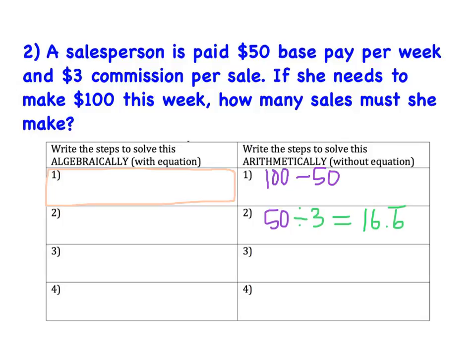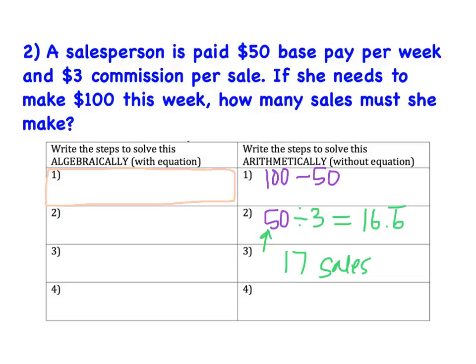No, we need to round, and we want to round to the nearest whole number. In this case, that's going to be 17. Now let's do a quick check. Type into your calculator 17 times 3, that's 51, which is bigger than the number 50 that we need to make. Now, if you tried 16 times 3, that gives you 48, which is not enough. So that's why 17 sales is our answer.